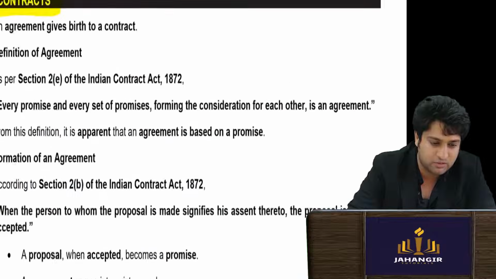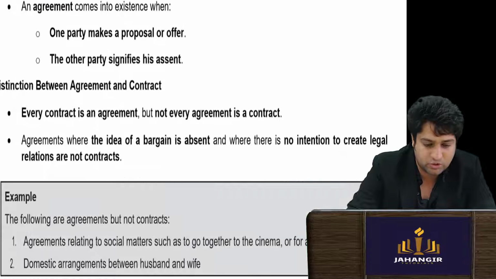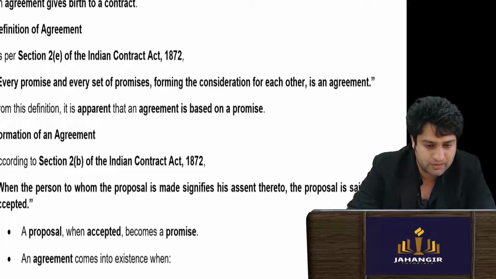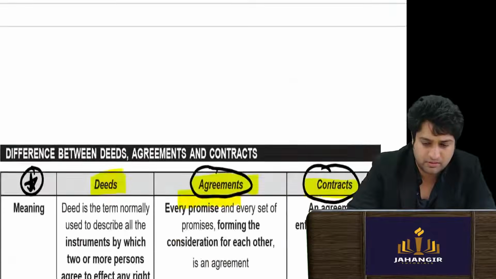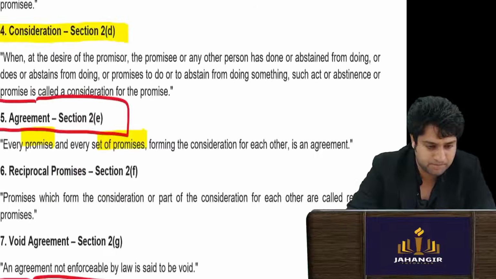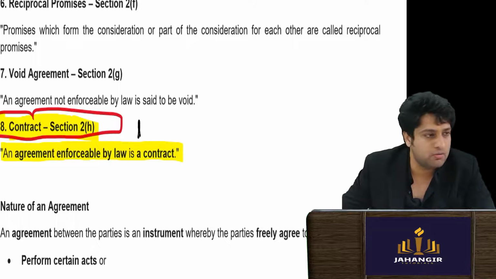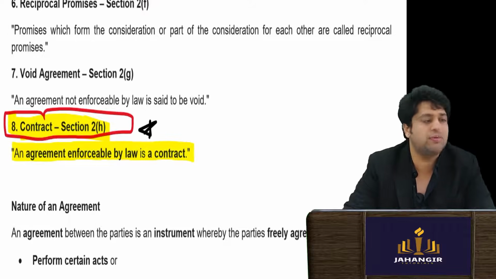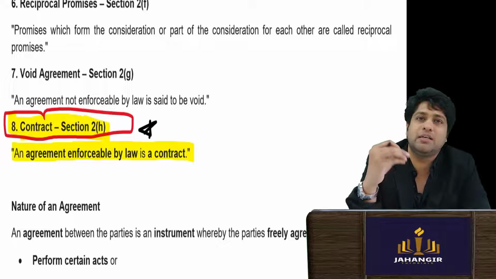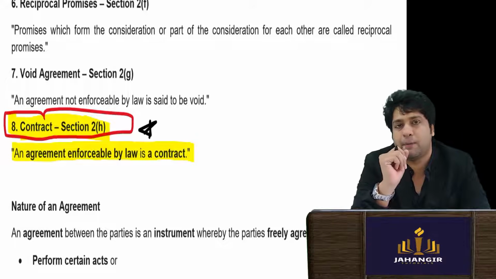Now at least we know what is an agreement enforceable by law, but writing the definition is another matter; it's given, we'll see when we come to it. Many students will write that a contract is an agreement enforceable by law.